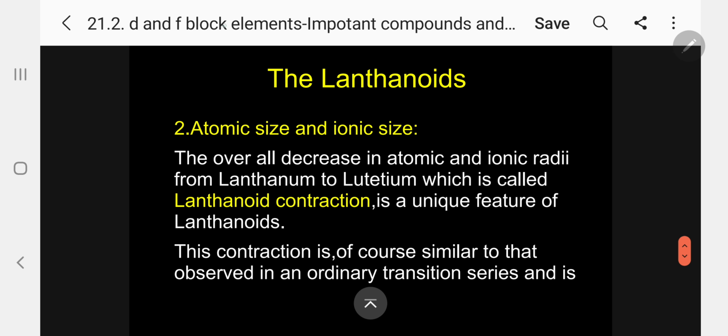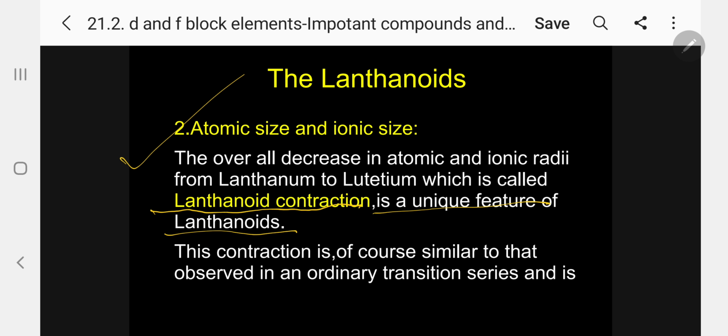Coming to atomic size and ionic size, the overall decrease in atomic and ionic radii from lanthanum to lutetium, which is called lanthanide contraction, is a unique feature of lanthanides. I told you already, they are very, very close in radius.